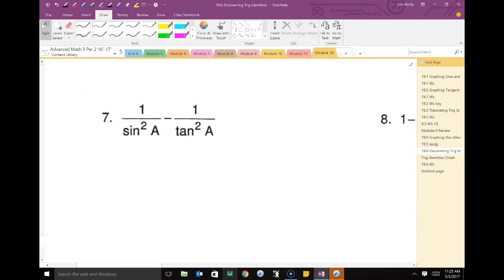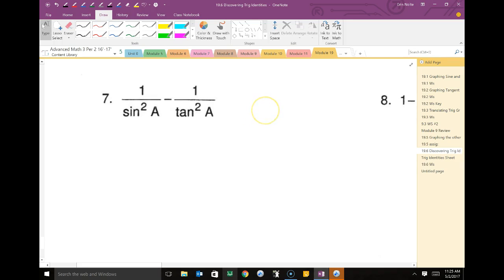I want to do number 7 with you, because I think if you can do number 7, then you should be good with the rest of these. Now I will tell you that there is more than one way to go about simplifying these. Just because I see it this way doesn't mean that's the only way. There are definitely multiple paths.